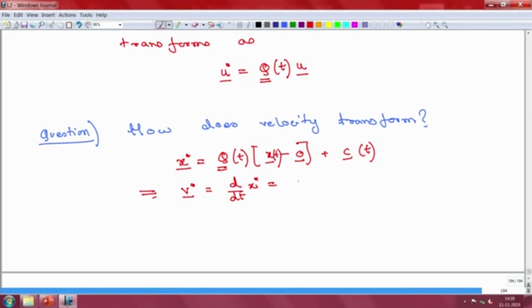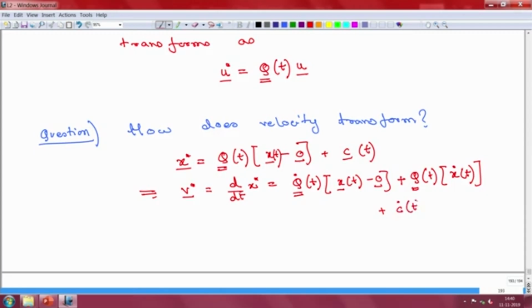First we take the derivative of q, so we have q dot, and then the second time we take the derivative of x, so we have x dot. And O is fixed, as we had just said previously. There is no loss of generality in assuming that it is fixed, so you have Q dot t.